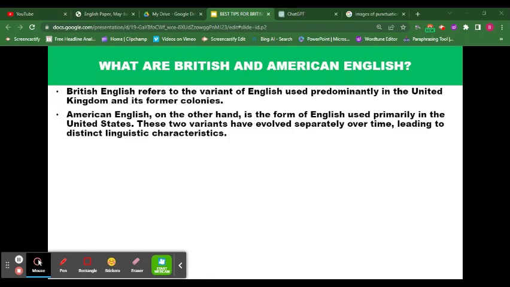These two variants have evolved separately over time, leading to distinct linguistic characteristics. And that is really why we want to look at these distinct linguistic characteristics that make British English differ from American English.